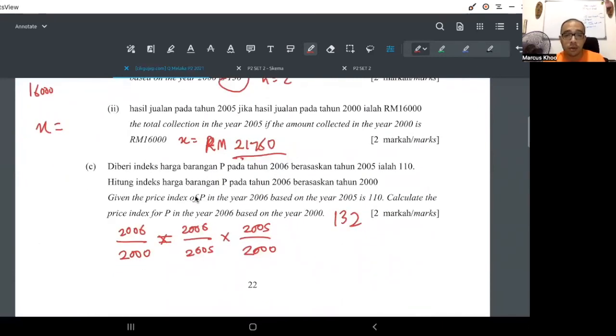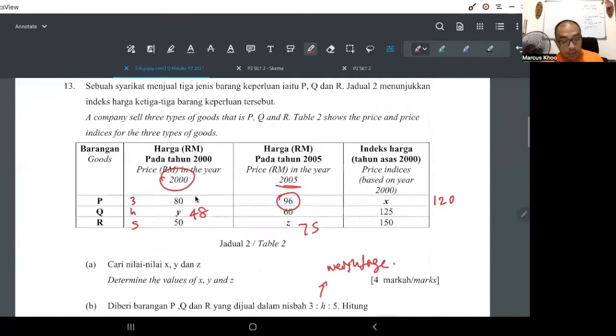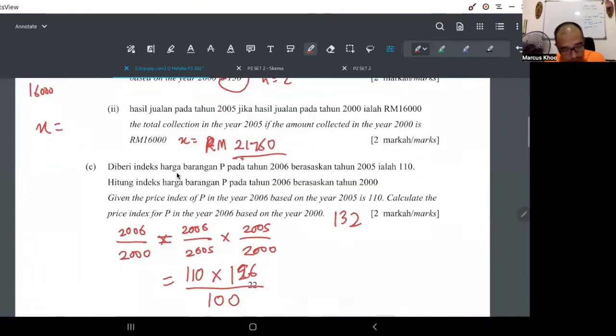Oh, there's something wrong with this question. Interesting. Okay, wait. So this will be 110 times 2005 over 2000, which is 120. So 120 times 110 divided by 100. So I get 132. Yeah, it seems I'm very old. So this is very easy. Nothing really much to this, and it's only a 2-mark question.